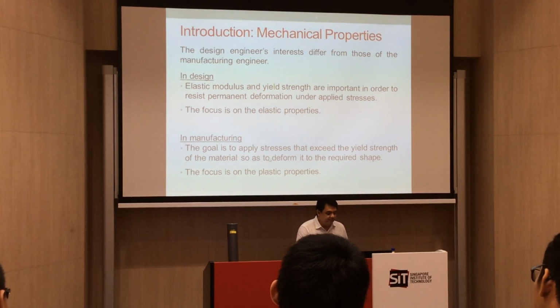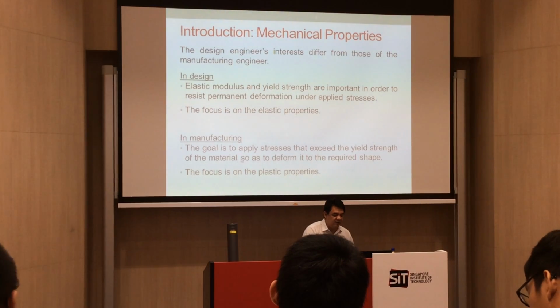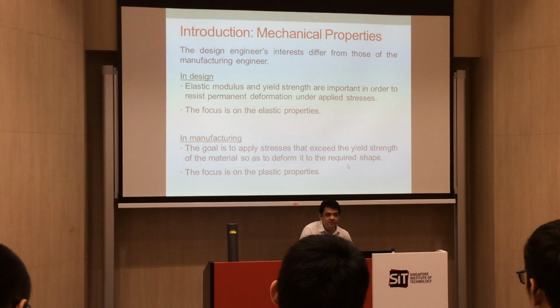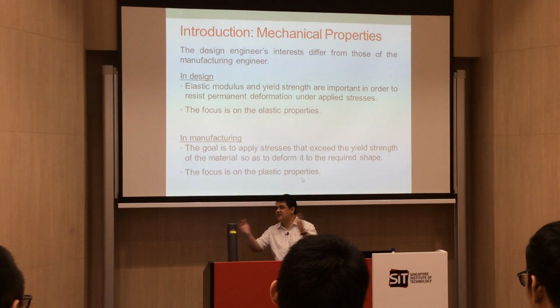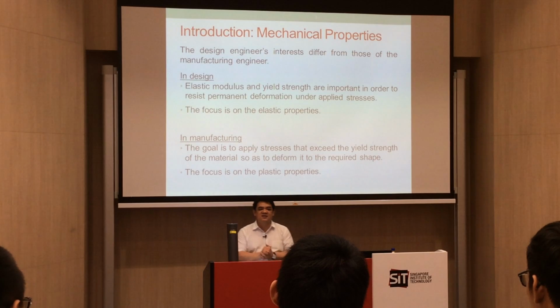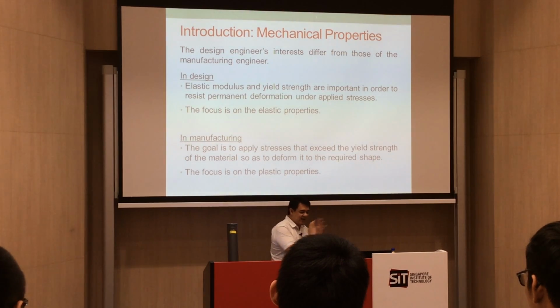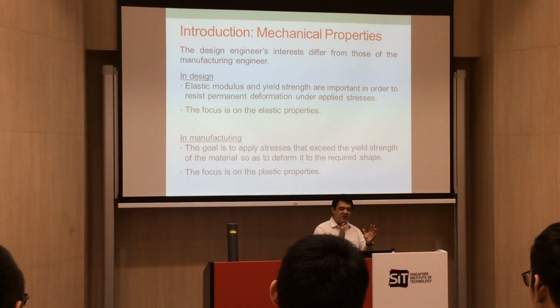So in manufacturing, the goal is to apply stresses that exceed the yield strength of the material so as to deform it to the required shape. So the focus is on the plastic properties. Elasticity, plasticity. So where does this come from in the first place? Elastic, we don't want to exceed the strength with the stress acting on our material.